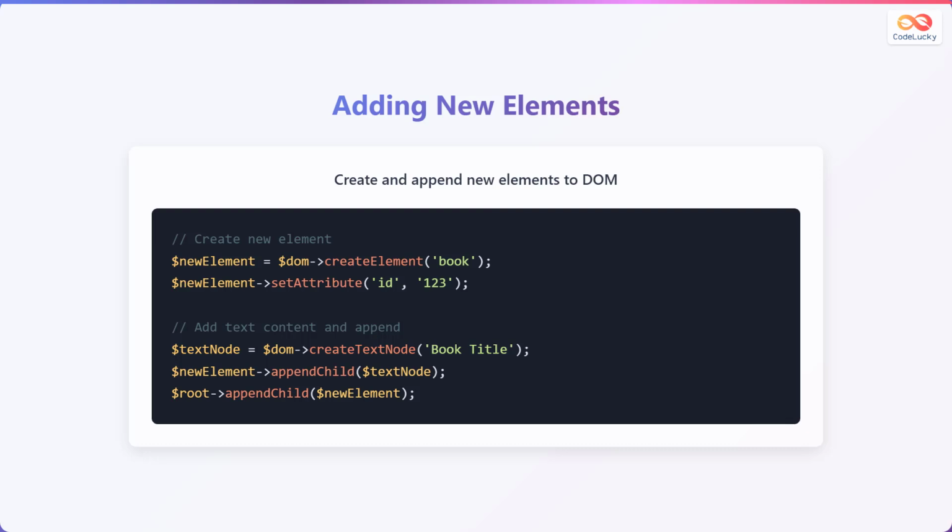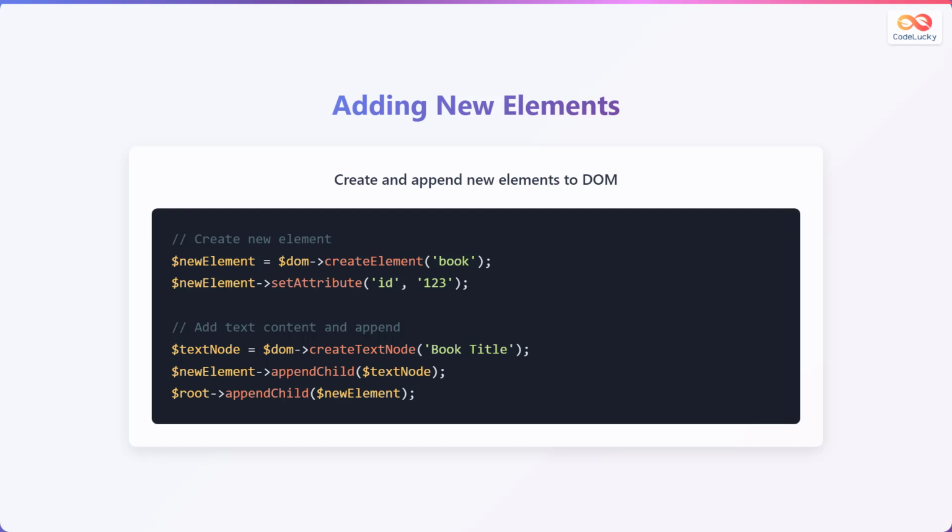To extend the XML structure, you can add new elements to the DOM. Here's how to create and append new elements. First, create a new element using the createElement method, passing the tag name as an argument. You can then set attributes for the new element using the setAttribute method.